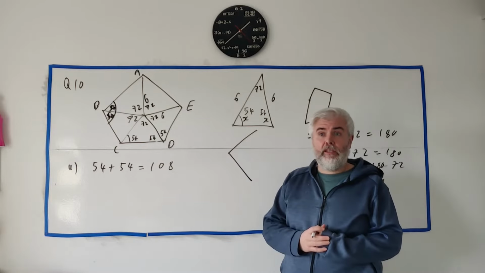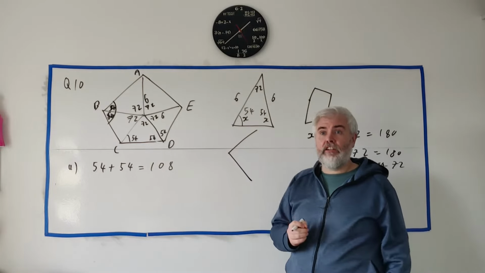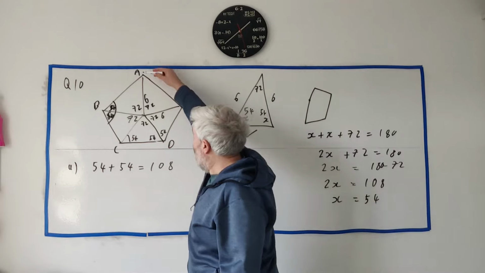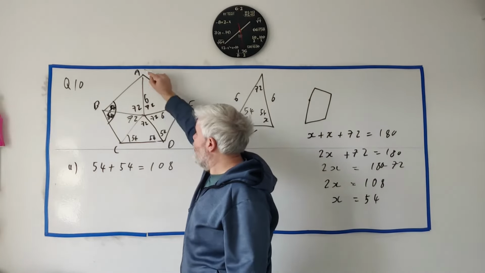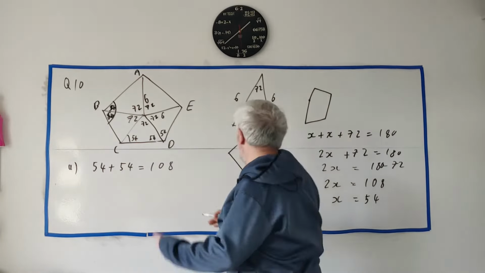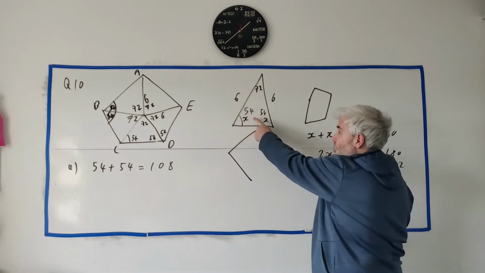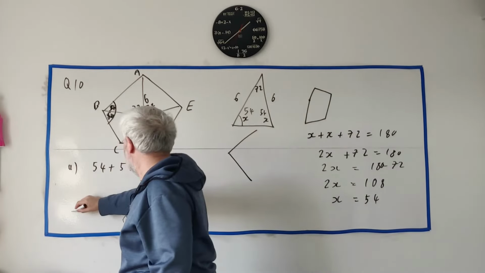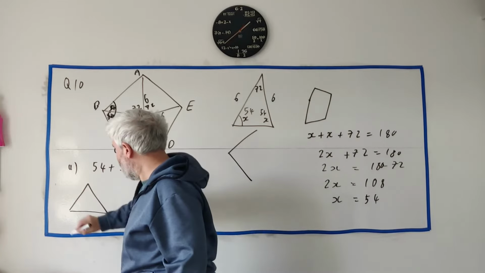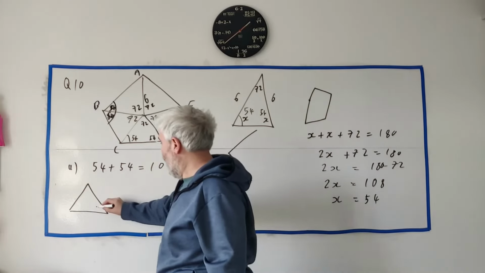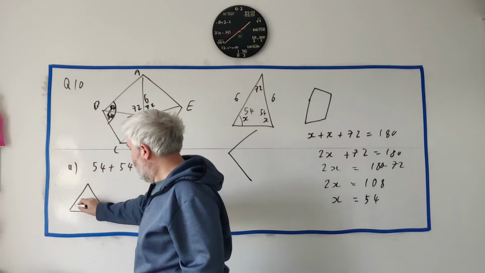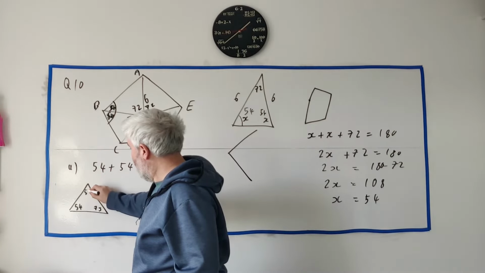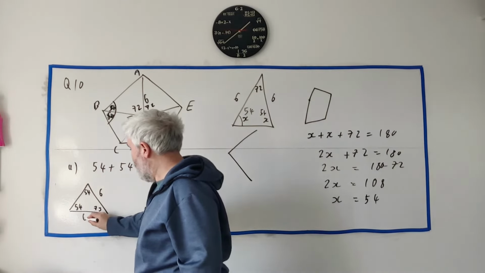Now for part B, they ask us to work out the area of the triangle AOB, this triangle up here, but really they're all identical. So I'll draw the one they want. This triangle up here, we know that's 72, we know it's 54, we know 54, we know 6, and we know 6.